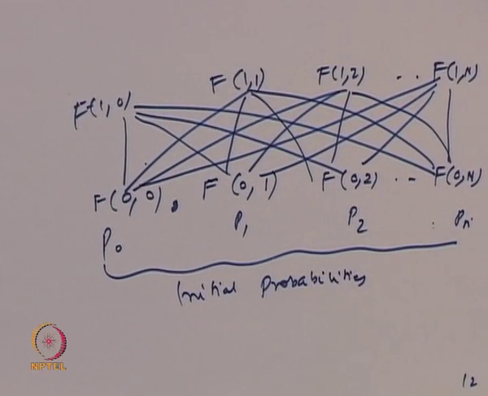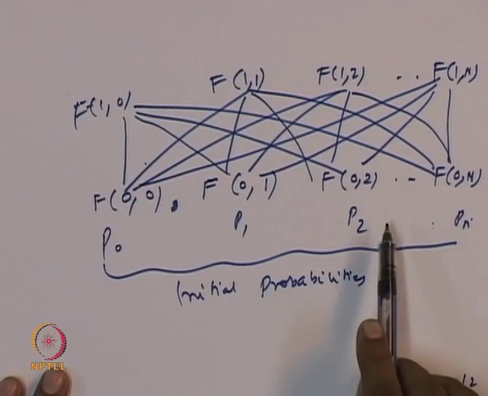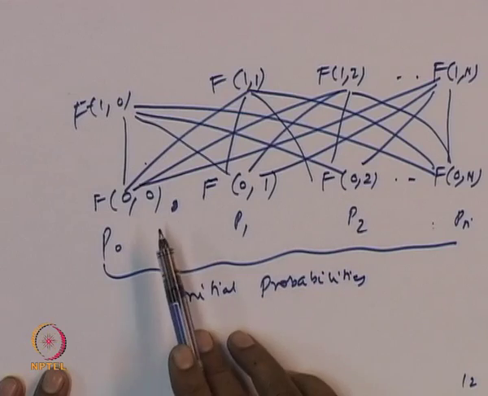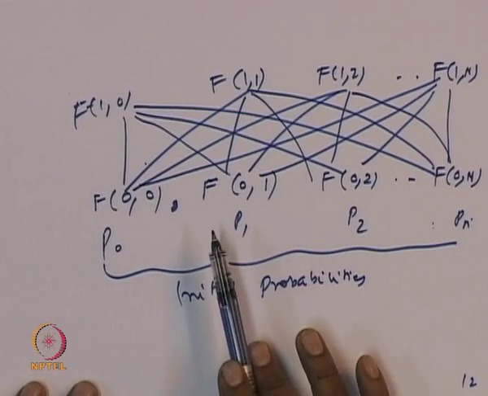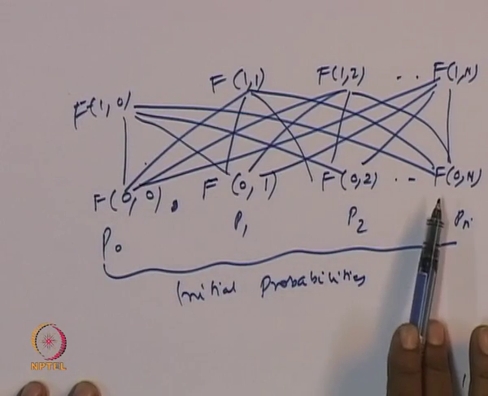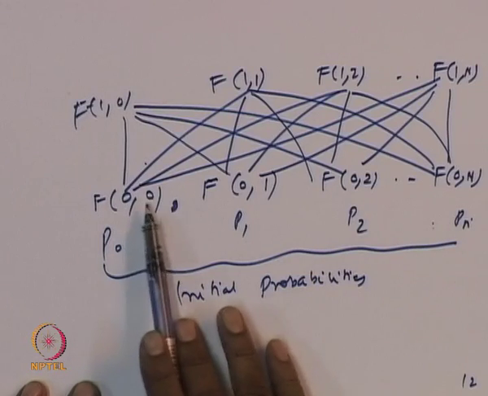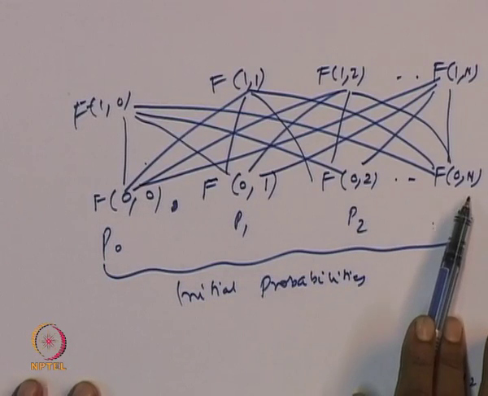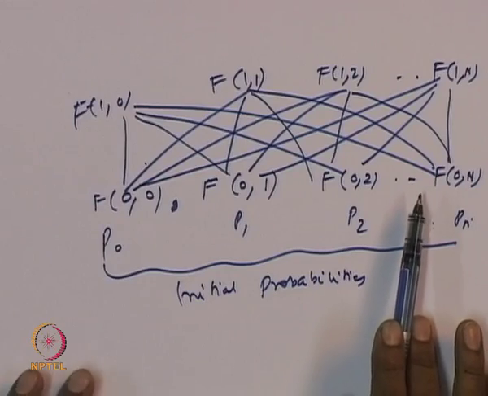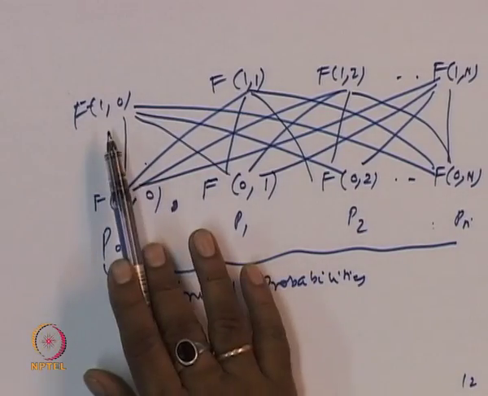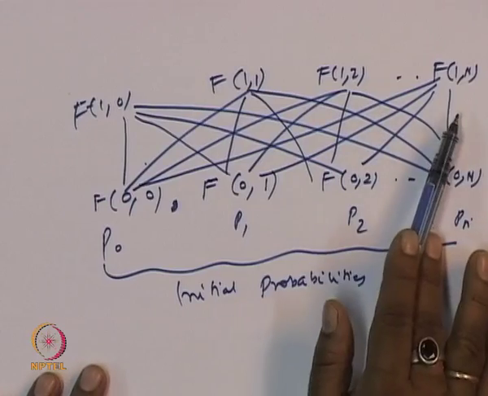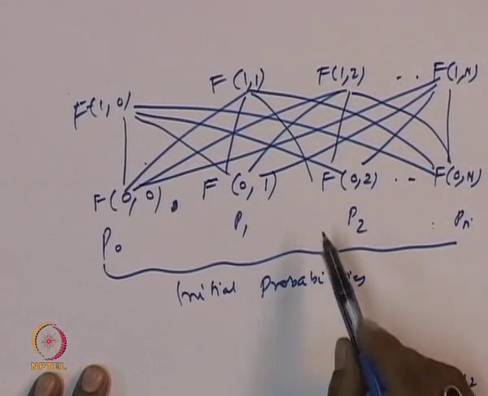So, the boundary condition is the initial probabilities. These are the termination points for the recursion. So, from f 0 0, f 0 1, f 0 2, f 0 n, which in turn are the initial probabilities, we can compute f 1 0, f 1 1, f 1 2 up to f 1 n.